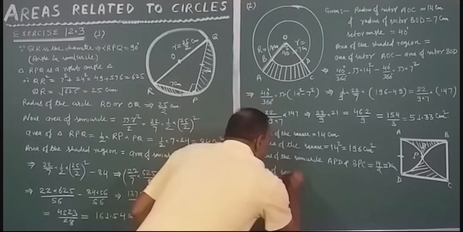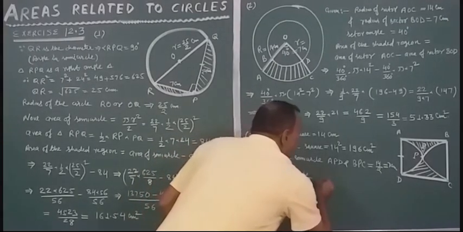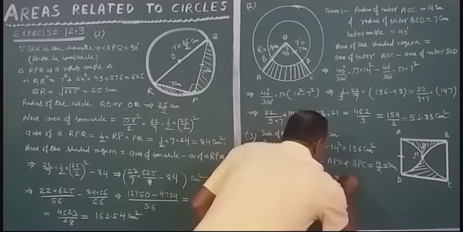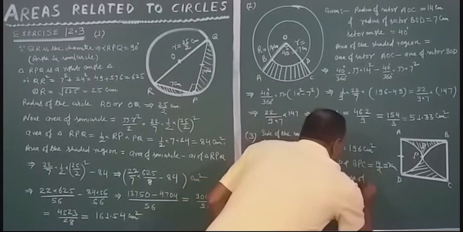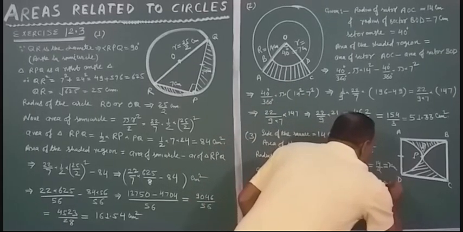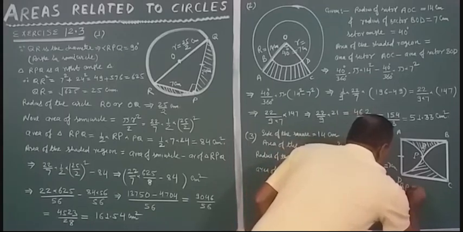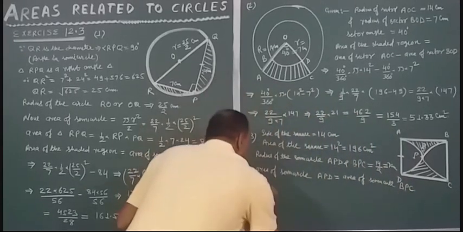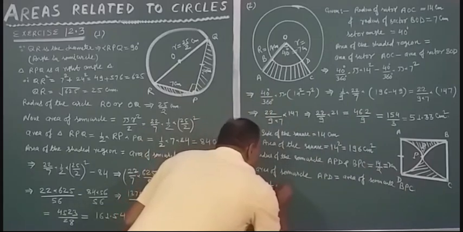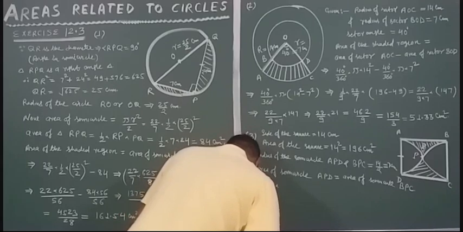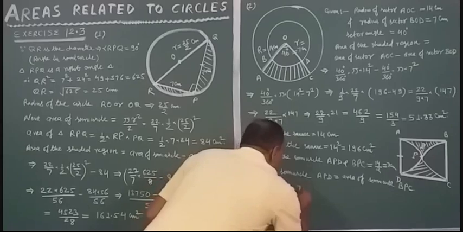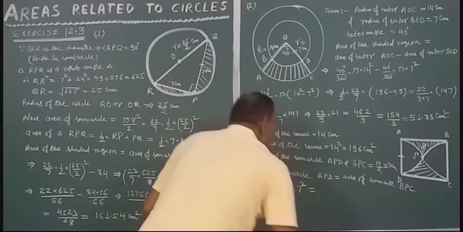Now area of semicircle APD will be equal to area of semicircle BPC, and the area of a semicircle is 1 upon 2 into pi, pi is mentioned there? No, 22 upon 7, into r square. Is it okay?